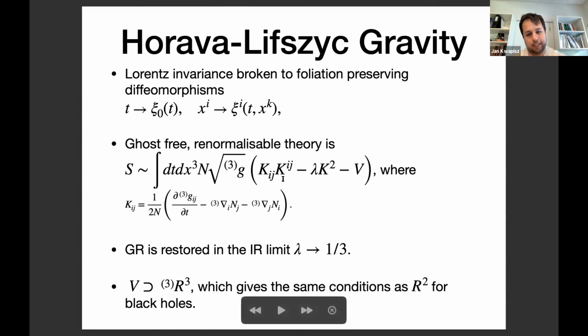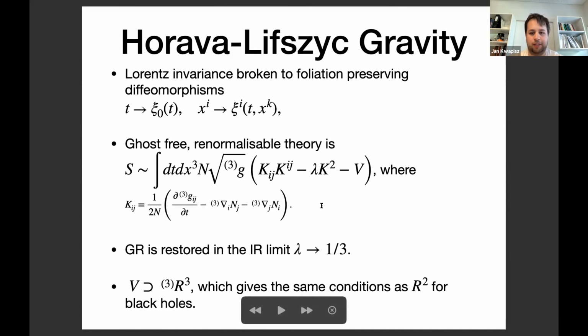What we need is just this structure plus a potential with R, R squared and some combinations of Ricci tensors contracted with each other. That would be all we need.